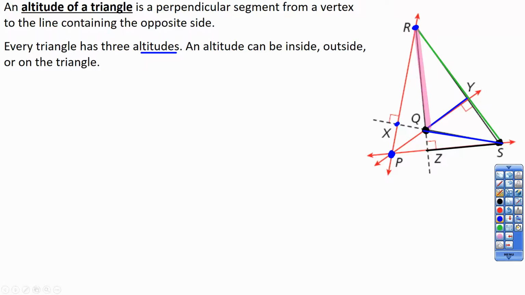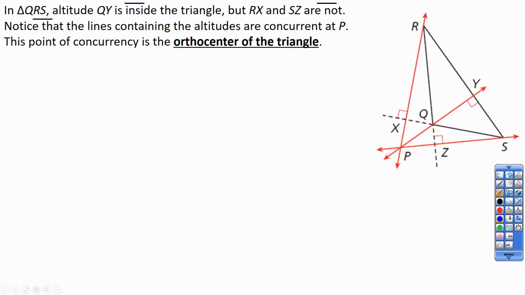PS is not the altitude, ZS is, but PS is the line in which will come in contact with all the other lines that the altitude follows, if that makes any sense. And this point of concurrency is called the orthocenter of a triangle. All right, orthocenter of a triangle is where all the altitudes meet.